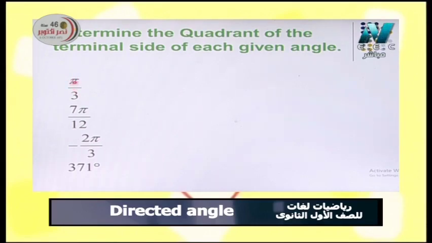It will give you the degree measure. 7 times 180 over 12, and negative 2 times 180 over 3, and try to find out what quadrant it will be in.